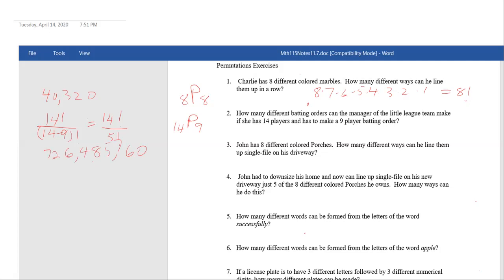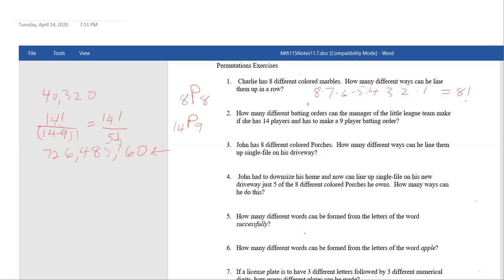Wow, that almost seems like it's too much. I mean, it's huge. I'm gonna check that one more time. It just seems really big. Double check it. That's your answer. Well, it seems like a lot of decisions to make. I hope running the Little League team isn't that much work, but okay.